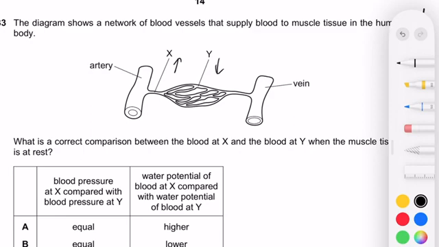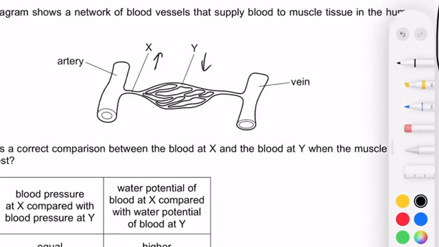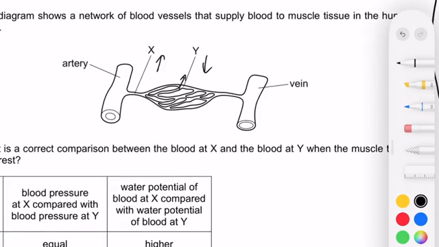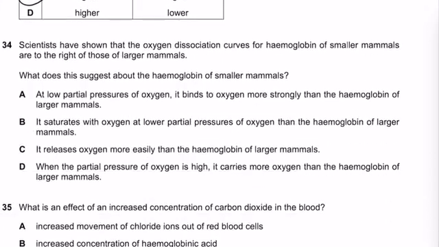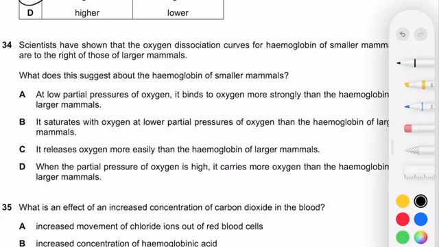The water potential of blood at X compared to the water potential of blood at Y. Water comes in with a higher water potential, because here water will already be going out into the tissue fluid. So I'd assume that it also has higher. I think that's C.